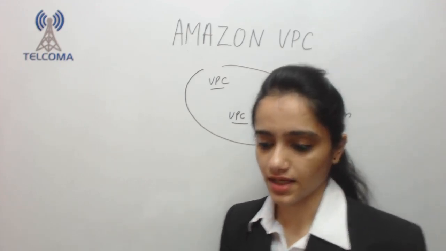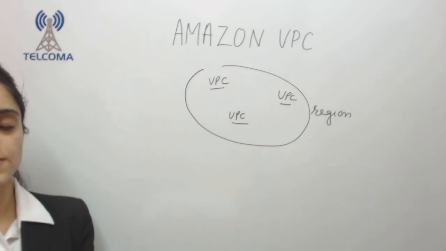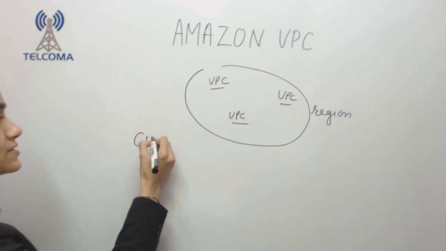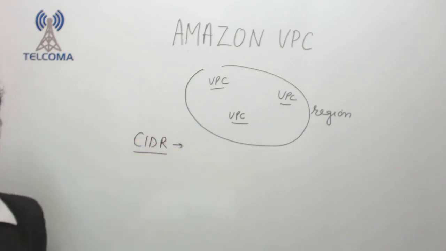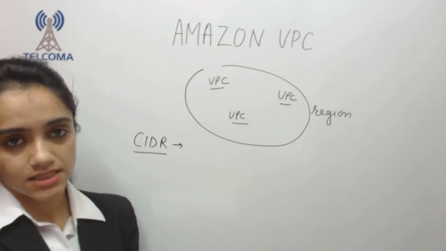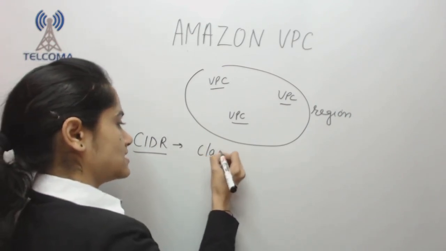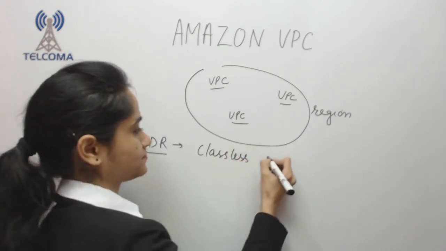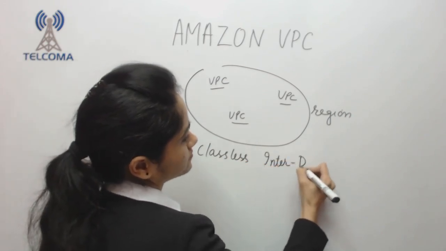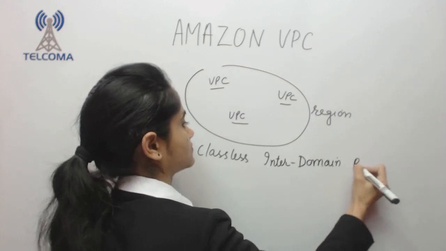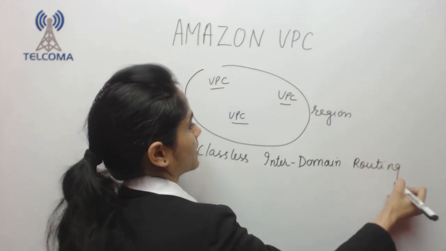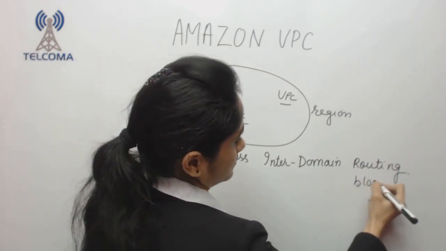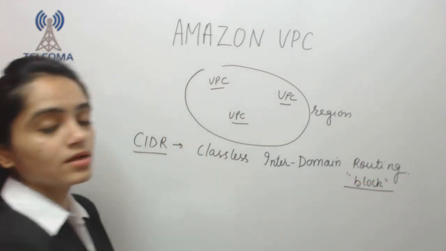That means if we create an Amazon Virtual Private Cloud, we must specify the IP address range by choosing a CIDR. CIDR stands for Classless Inter-Domain Routing, and this is the CIDR block.